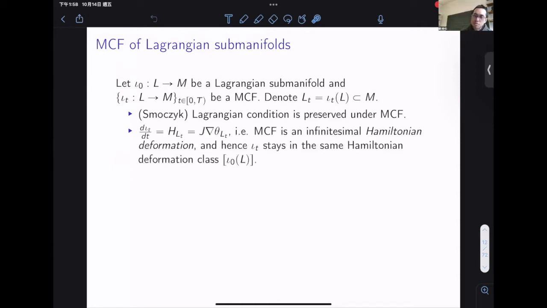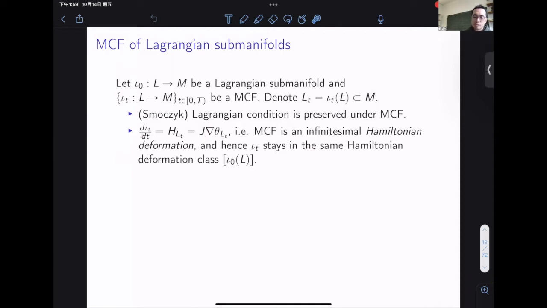Using the Lagrangian condition, one can show that the mean curvature vector is actually J of the gradient of theta_L. So the gradient of theta_L is a tangent vector field. Then by the Lagrangian condition, if you apply J to a tangent vector field, you get a normal vector field.